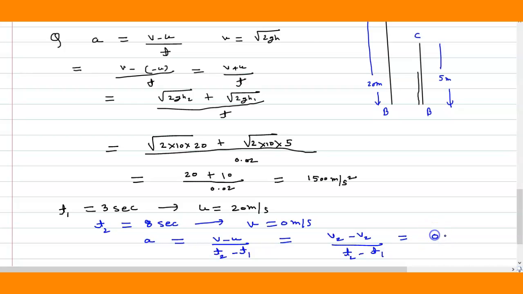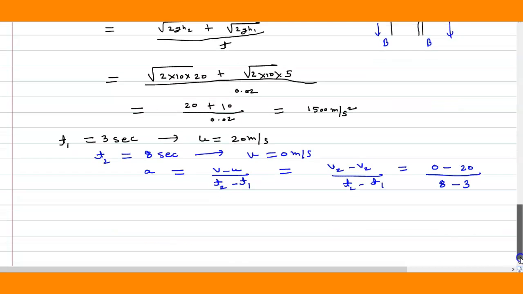V2 is given 0 minus V1 is given 20, divided by T2 is given 8 seconds minus T1 is given 3 seconds. Then A is equal to minus 20 divided by 5. It means that A is equal to minus 4 meter per second square. This is the answer of this question.